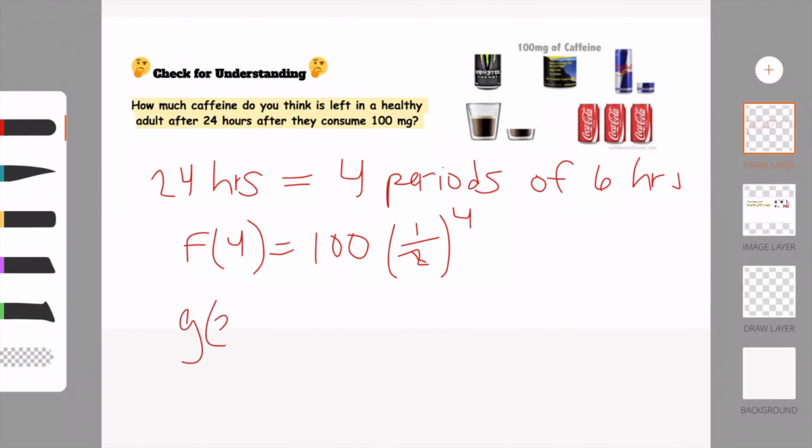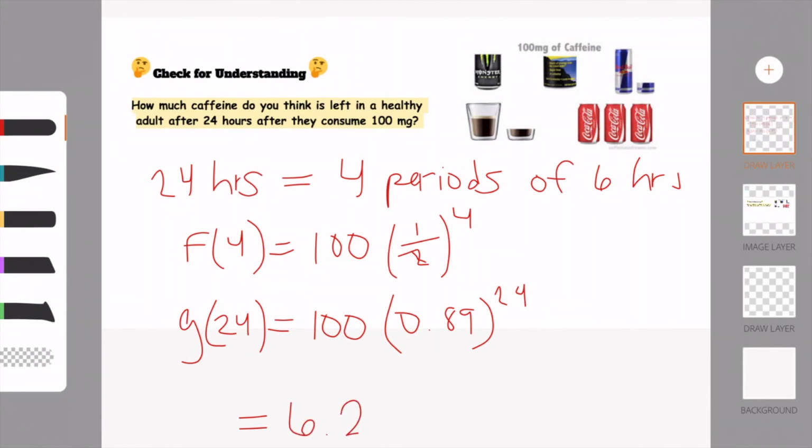You can also plug that into our hours equation by plugging in 24 for 24 hours. And either way, both of those equations will give you the same result, which is 6.25 milligrams of caffeine left after 24 hours.